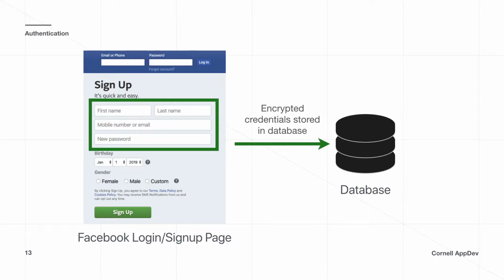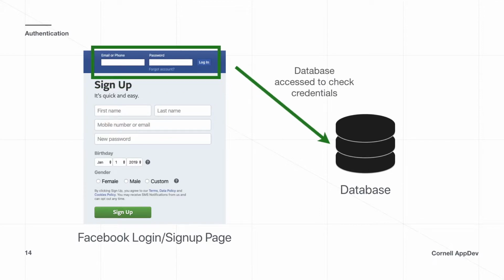Once you've successfully created your account, when you log in, you'll put your email and your password. That's going to be sent over to the database again, and that's where we check: is the email there? If it is, then let's check that the passwords match, and if so, your credentials are good to go and you will be logged in.